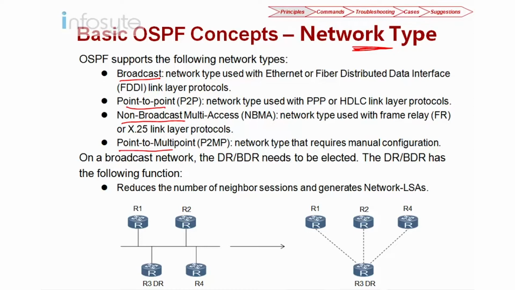These are the four different network types that we can configure on Huawei routers. Let's look at them one by one. The broadcast network type is used with Ethernet or the Fiber Distributed Data Interface link layer protocol. And point-to-point uses PPP or HDLC.